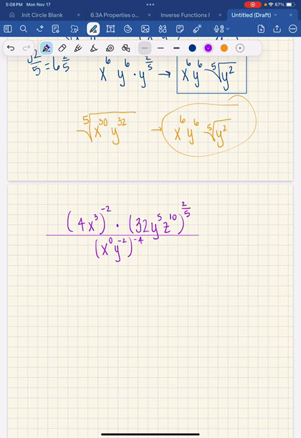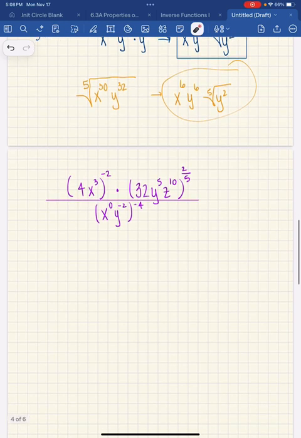Okay. So many ways you can start this. I'm just going to go from left to right. I cannot simplify 4x cubed, so I'm going to hold off on that to the negative 2. Or maybe you want to take this whole quantity, it's to the negative 2, and move it down. Maybe you want to multiply the exponents.